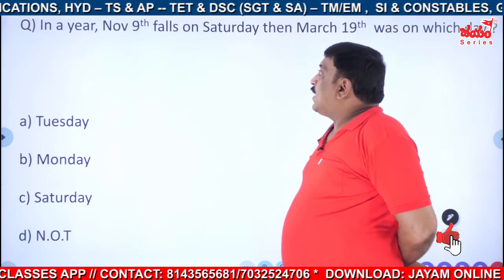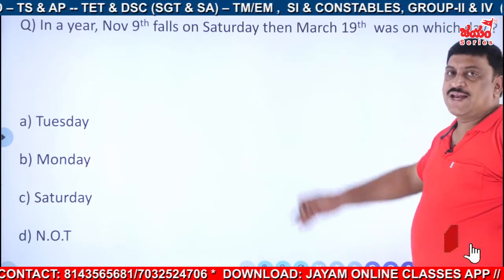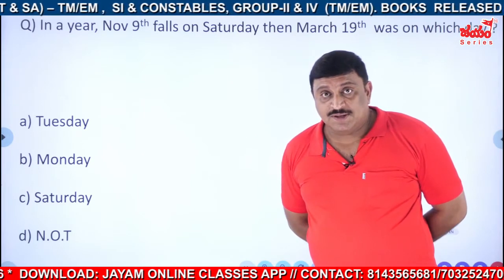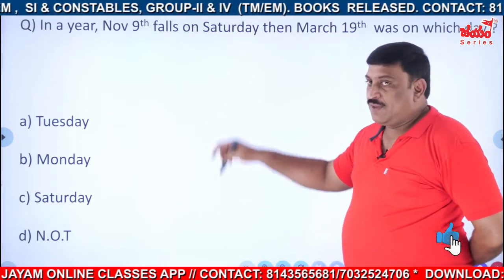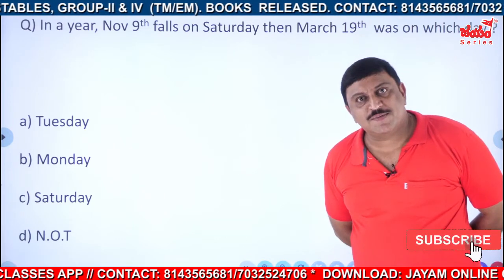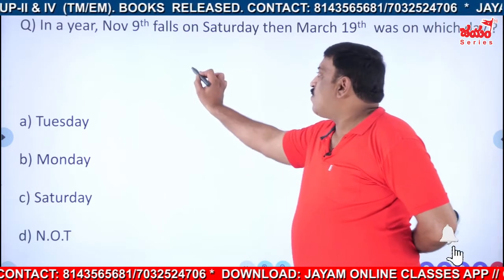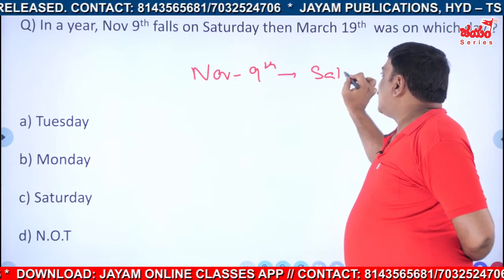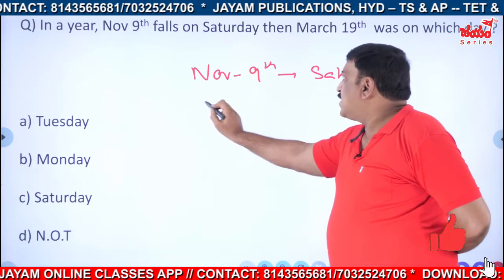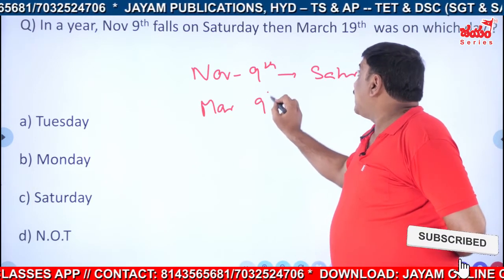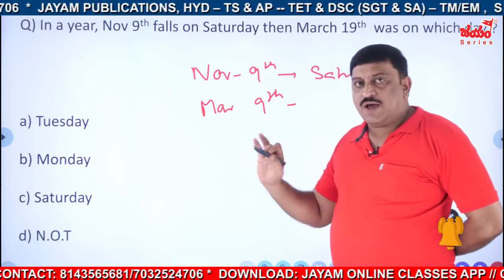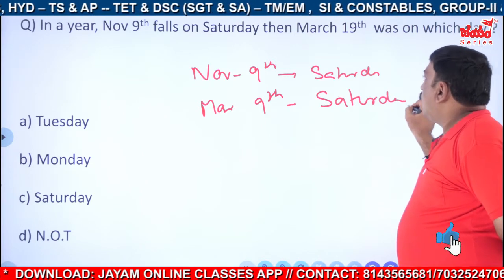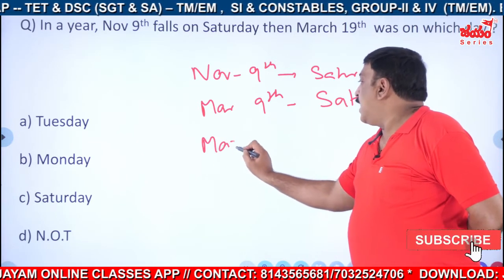Then, next. In a year, November 9th falls on Saturday and March 19th was on which day? Give me the answer to this one, right? See, November and March both resemble the same, is it not? So once November 9th is on Saturday, definitely March 9th, not 19th, March 9th is also on Saturday. And we have to find March 19th.